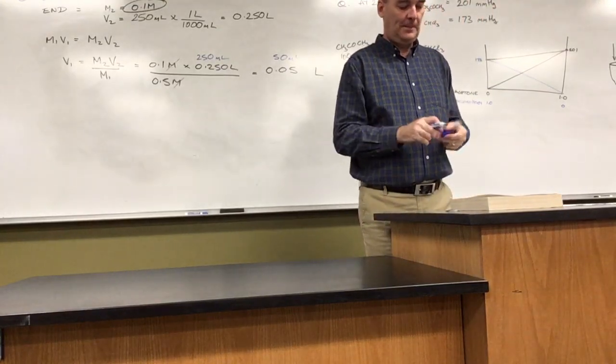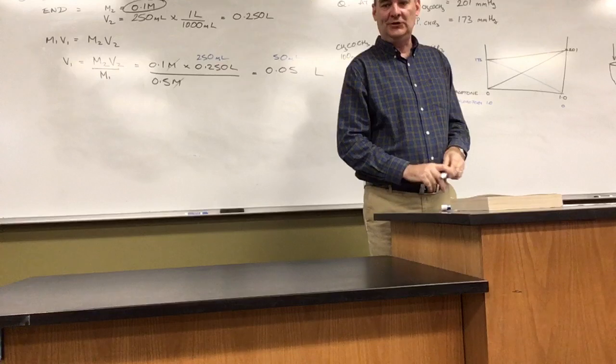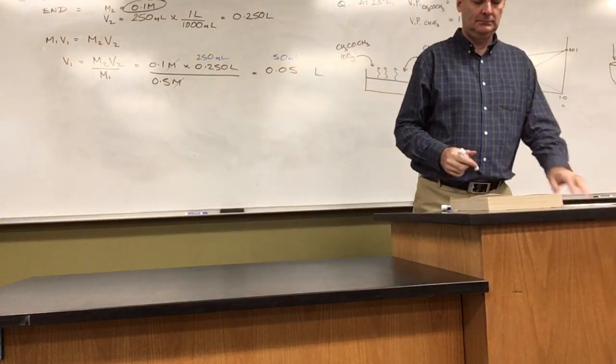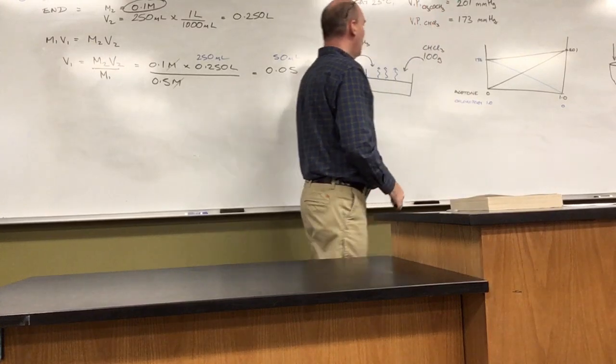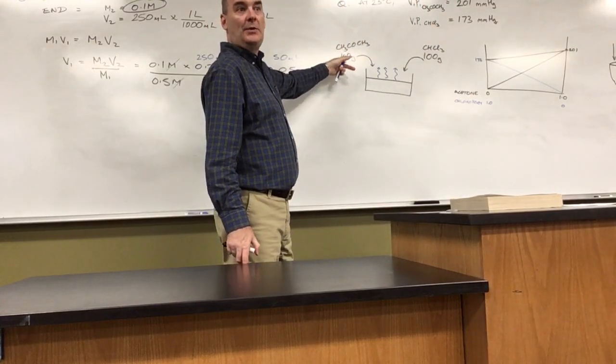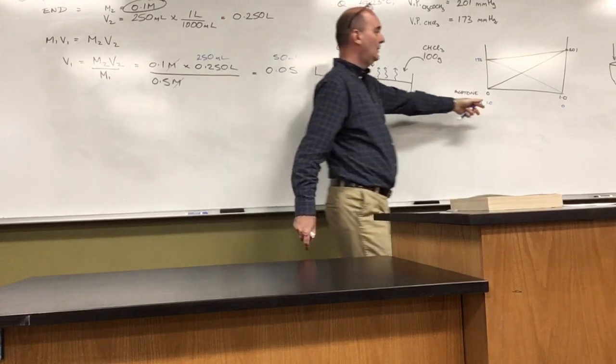It tells you in the question what the quantities of each material are. But we've got to turn grams into the number that I need. What's the number that I need that goes on this scale?